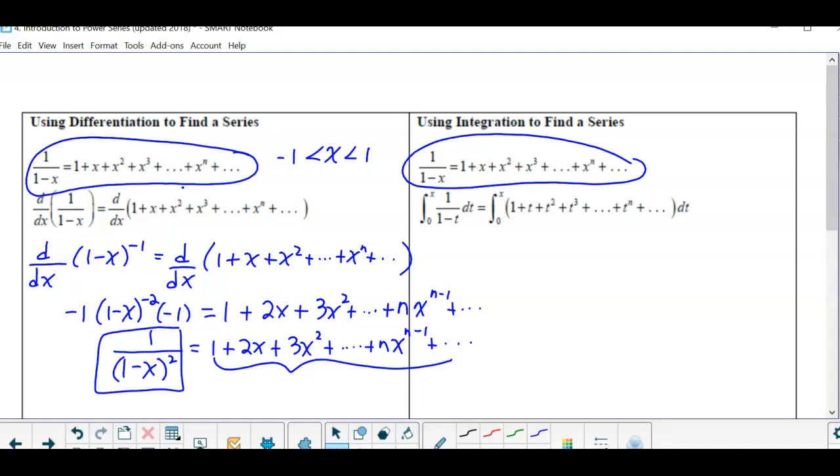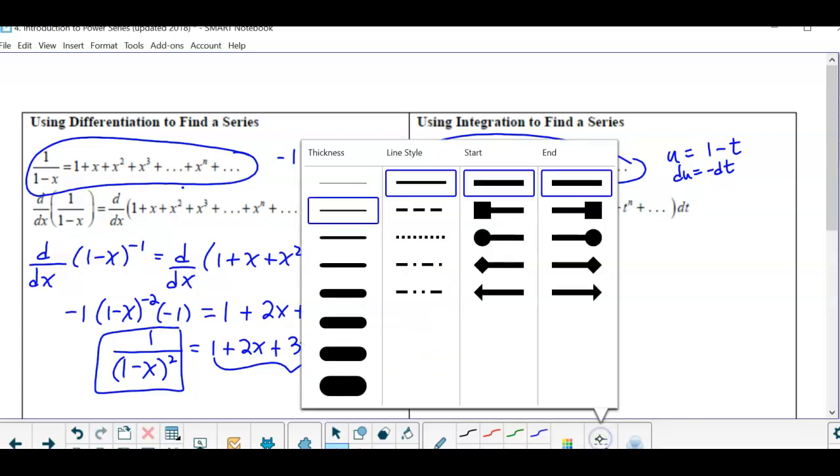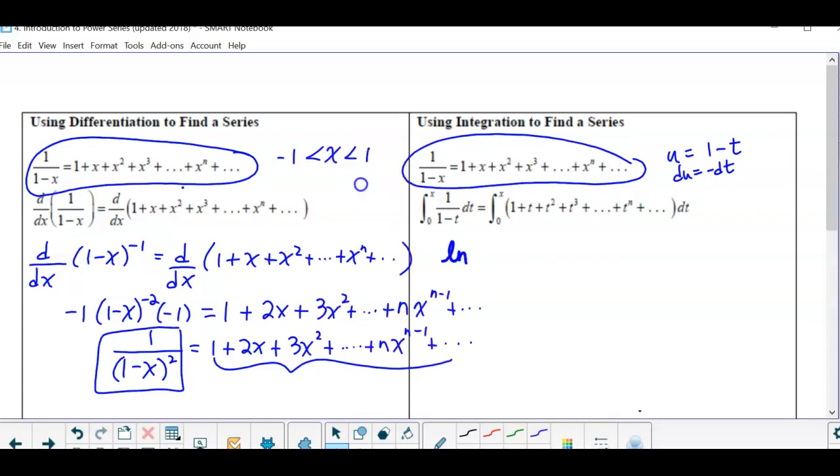You might want to let u equal 1 minus t. The integral of 1 over u is ln of u, which is 1 minus t, with the absolute values for now. And that's going to be a negative out front because of that substitution. We're going from 0 to x.